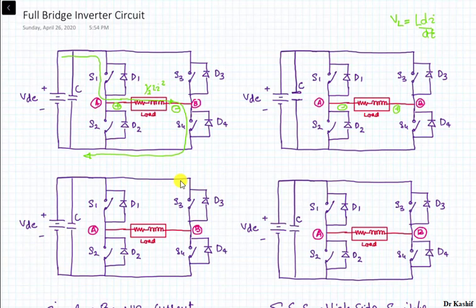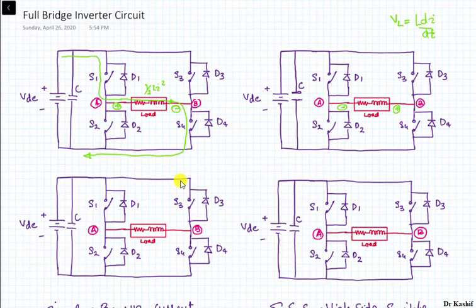The rate of change of current defines what will be the induced voltage across your inductor. As we are turning off the switches S1 and S4, we are interrupting the current, so the rate of change of current is quite high. So high opposite polarity voltages will be developed across your inductor.